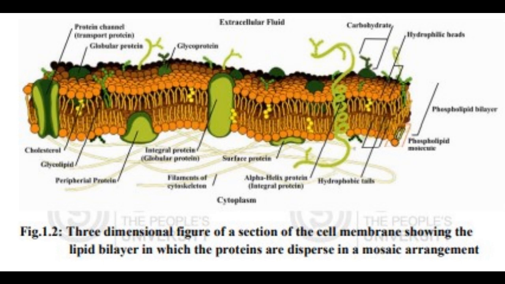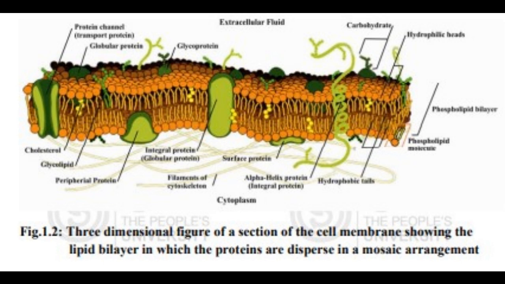Generally, the peripheral proteins are exposed only on one side of the bilayer. The lipid layer functions as a barrier to the entry or exit of charged or polar substances. Some of the proteins present in the plasma membrane act as gatekeepers and regulate the passage of polar molecules and ions into and out of the cell.